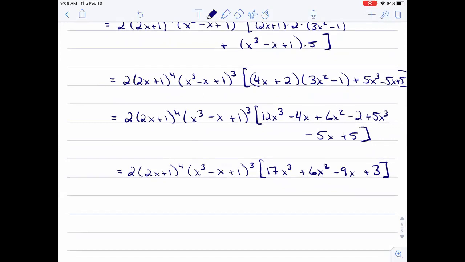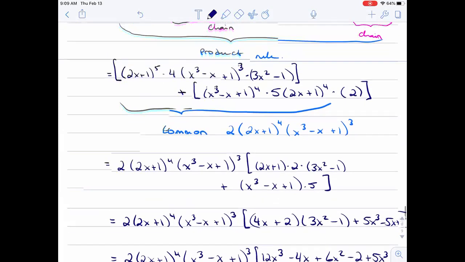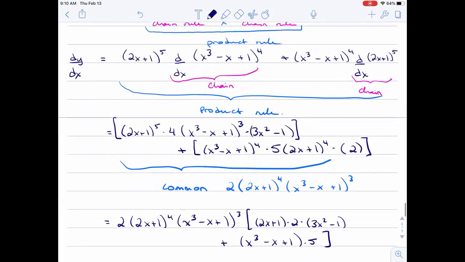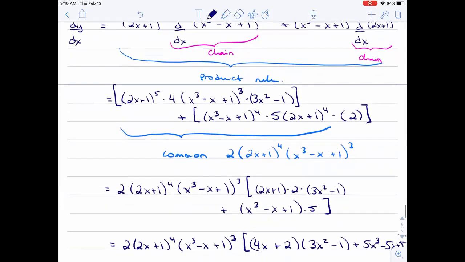I don't know where you would stop reasonably. I mean, I guess you could stop there, but then you would probably see those common factors, and then you would pull them out anyways and just kind of go from there.